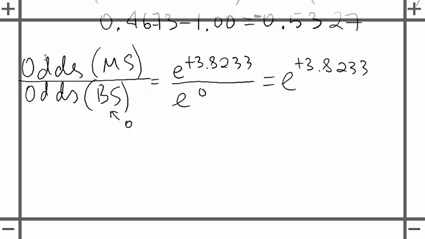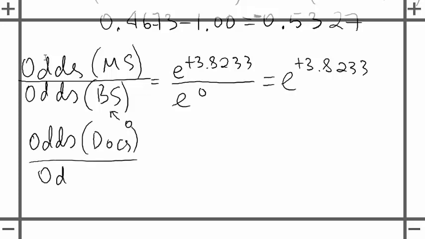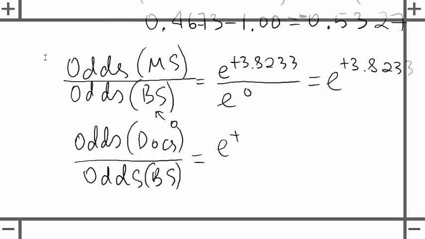Now I'm going to compute another ratio for doctorates. Same thing. So odds for docs divided by the odds for the same BS, because BS is what I'm comparing it against. It's e to the power plus whatever the slope was.